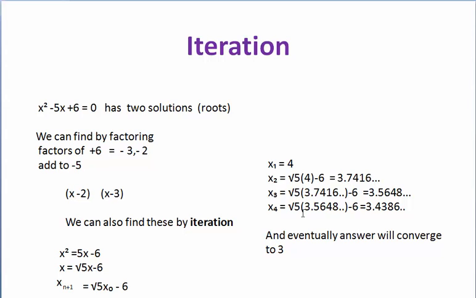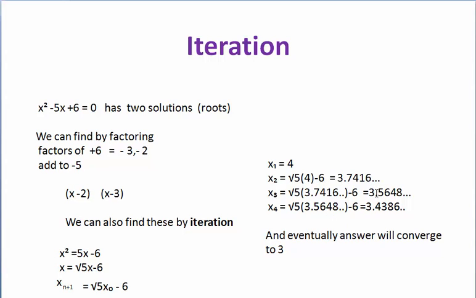That answer then goes into the same iterative equation, so it becomes x subscript 3 equals the square root of 5, multiplied by this answer, and then minus the 6, don't forget that.